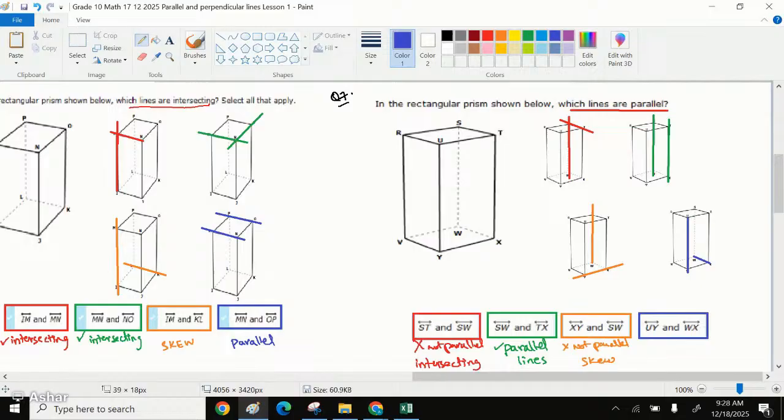So these are not intersecting, these are not parallel. So what are they? They are also skew lines. Okay, so we just need to identify right now. This is just the basics. We are trying to identify what exactly is the nature of the lines. Let's try the next question.